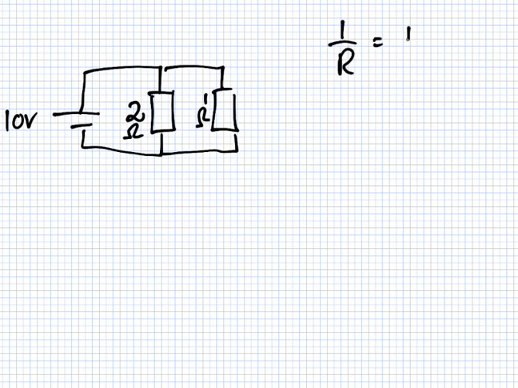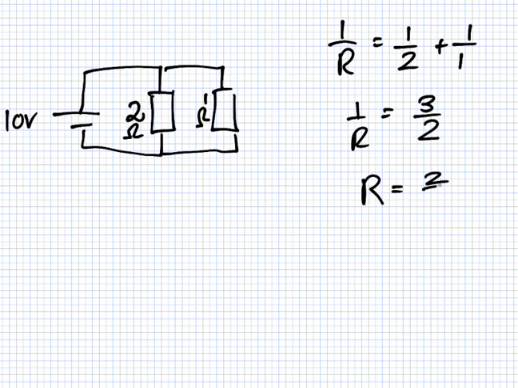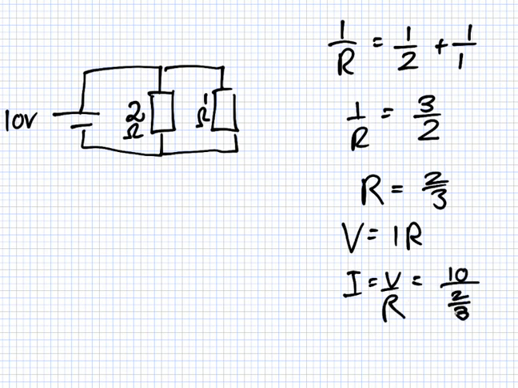It'll be 1 over 2 plus 1 over 1. So then 1 over R equals 3 over 2. So R is 2 over 3. So V equals IR, I equals V over R. So that's 10 over 2 over 3. So that's 15 amps.